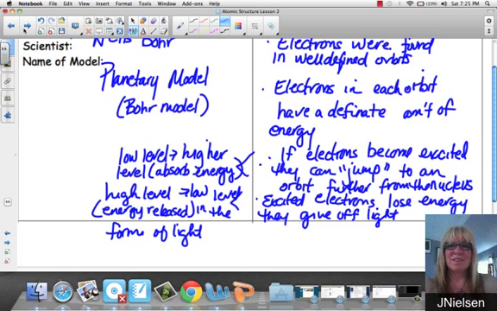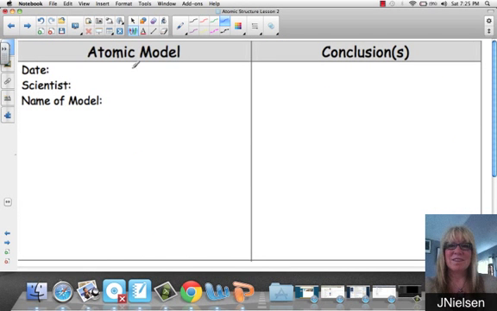And let's talk about our last atomic model now. And this was many scientists, but there was one that was given a lot of credit, and you don't have to know his name, but it was Schroedinger.